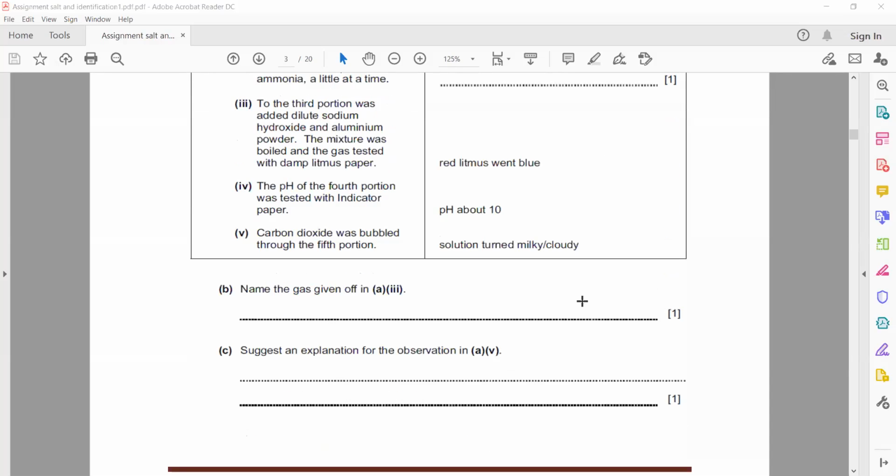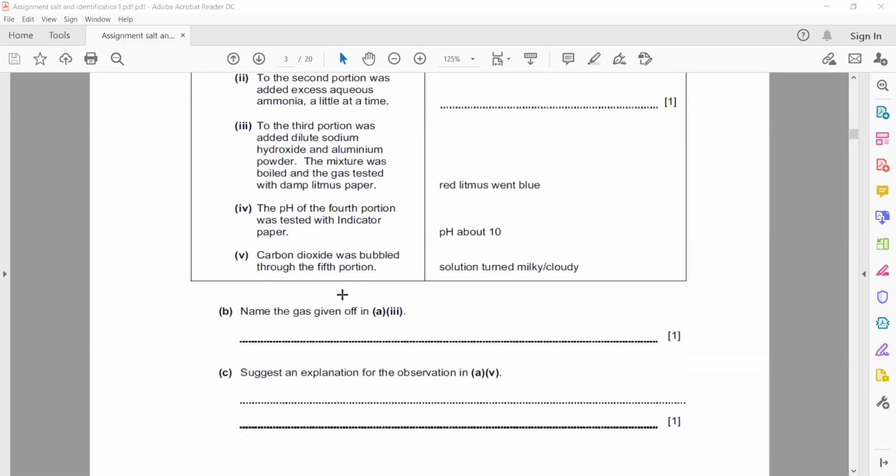Suggest an explanation for the observation in A5. A5, what does it show? It shows it is lime water. Whenever you pass carbon dioxide through a solution and it turns milky, it shows that it is lime water, which turned milky because of carbon dioxide. That's good.